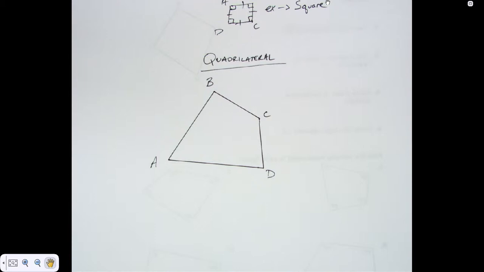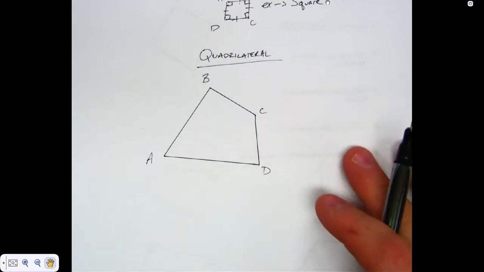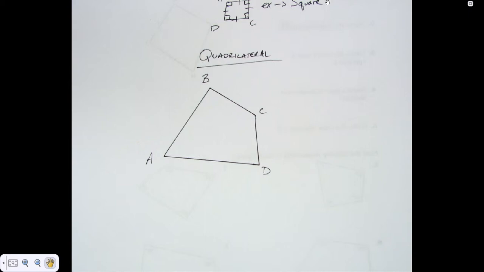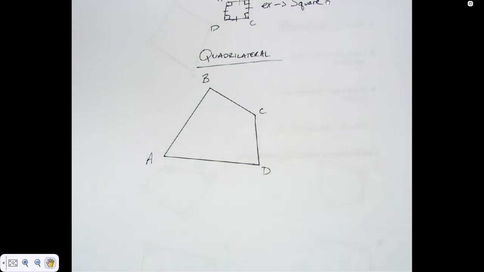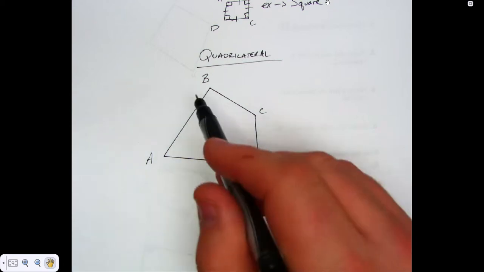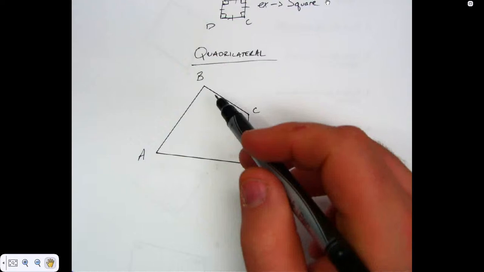You name a quadrilateral by naming its vertices in consecutive order. In other words, how do you think you could name this quadrilateral? I could name it A, B, C, D. Somebody give me another name. A, D, C, B. Yes. D, A, nope.